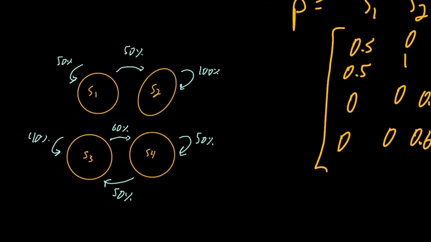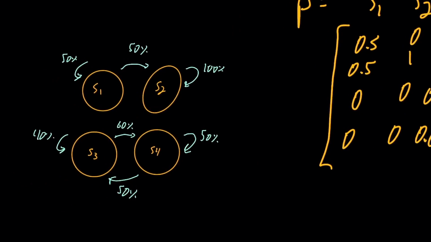Well, let's look at the diagram right here. Is there a way for S3, the third state, or the first state to transition to the second state? Well, no, based on the picture. As a result, the entire chain isn't absorbing, but the second state is.